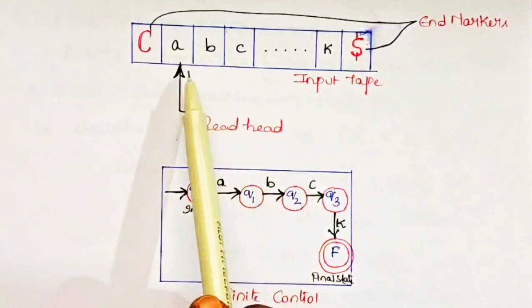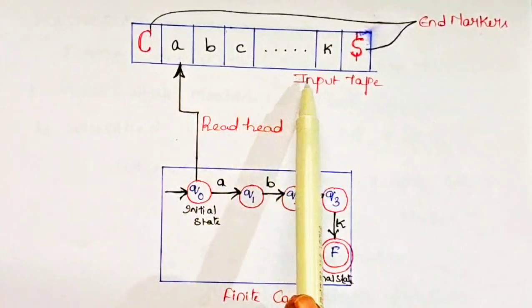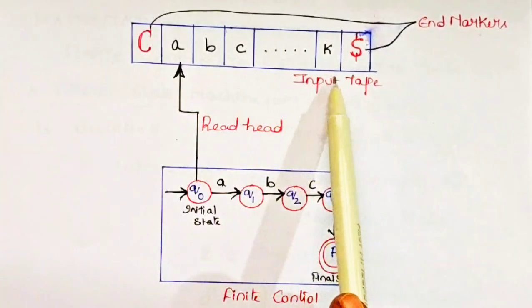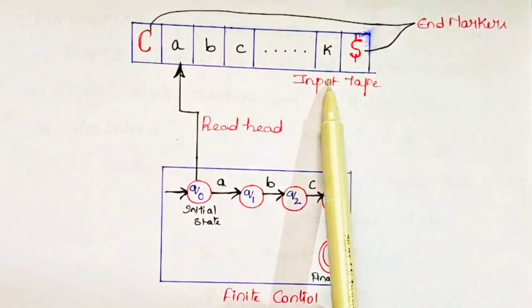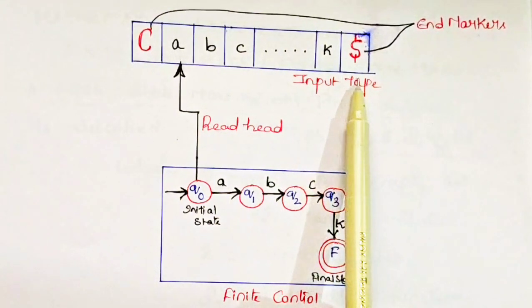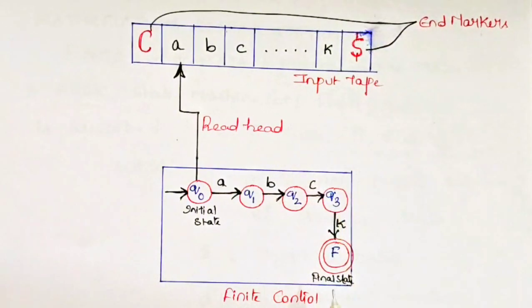In the similar way, from left to right, the read head will be pointed towards all the input strings and it will process the last symbol K, reaching the final state capital F. And automatically the read head will be moving towards a $ symbol such that whenever the read head points towards the end marker $, it means that there is no input symbol which is meant for processing in a finite automata, such that F will be considered as a final state.